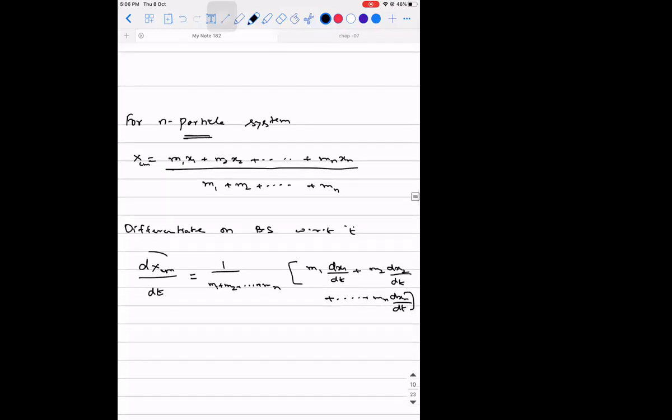The derivative of the x coordinate of the center of mass with respect to time will give us the velocity of the center of mass along the x direction.